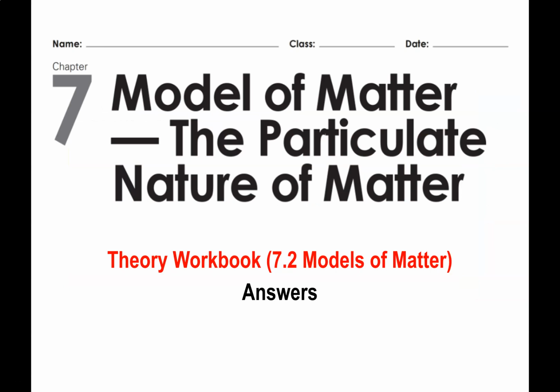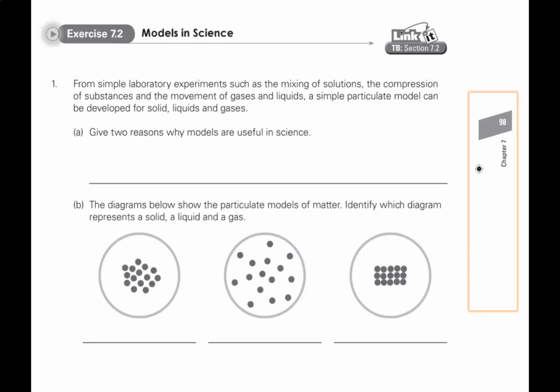Next, we move on to section 7.2. Please do your corrections in green. We are unable to see atoms or particles with our naked eye, so we use models to explain the behavior of solids, liquids, and gases.